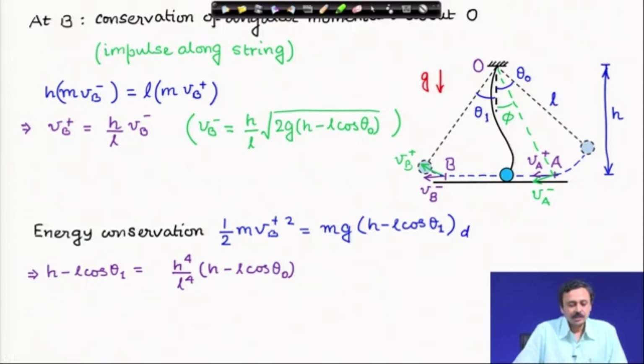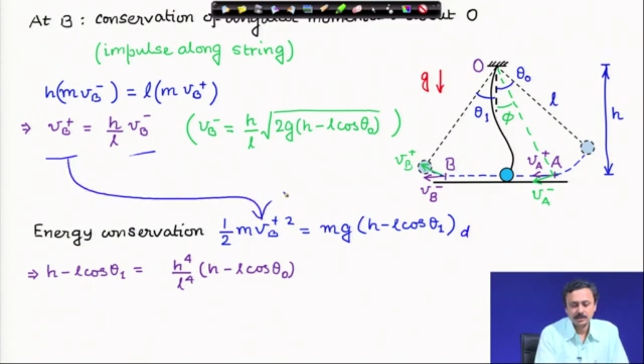If you do these calculations, substitute the expression of V B minus here, calculate V B plus, substitute that V B plus here, and finally do simplifying cancellations on both sides, you will get this relation.